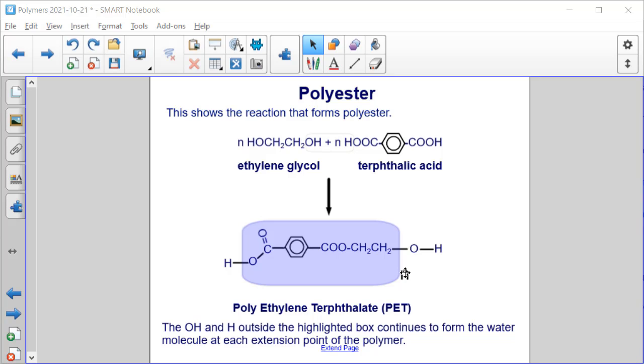And that's our polyethylene terephthalate, PET, or polyester. So this OH on this end and this H on the other end, the OH and the H outside that box, can continue to react and form that water molecule at each extension point of the polymer, allowing the chain to continue.